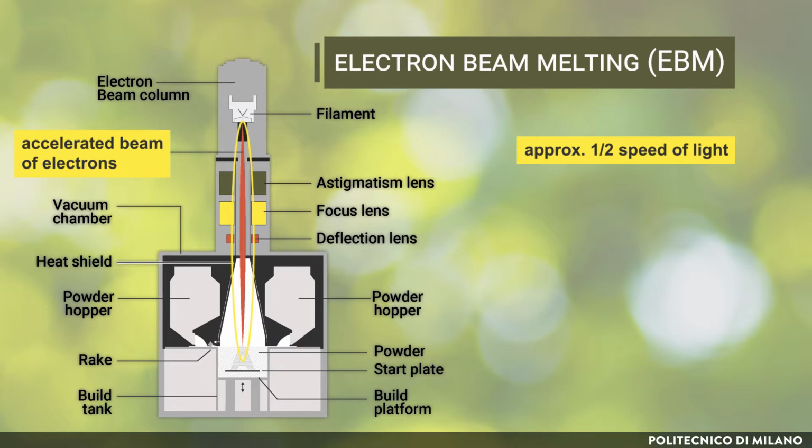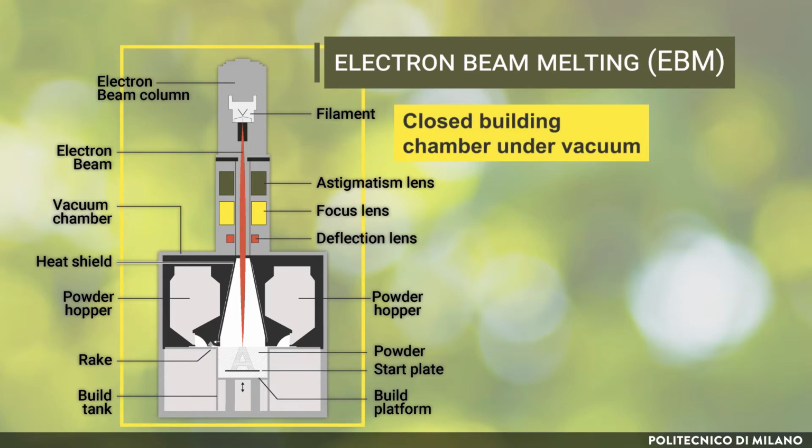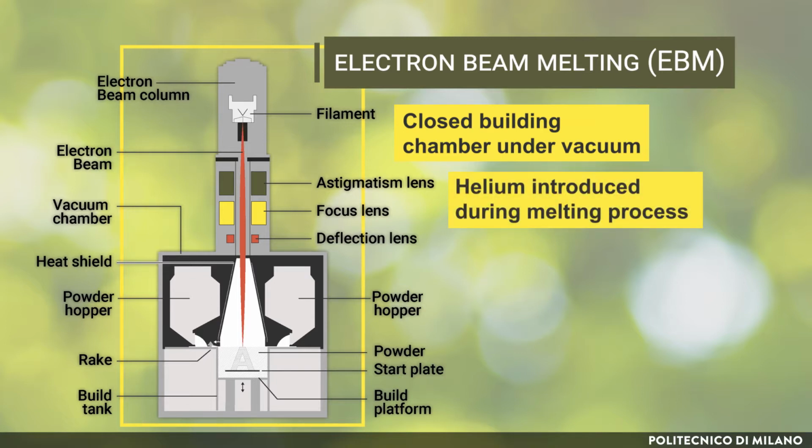An electromagnetic coil system is used for obtaining the right shape and size of the beam and the proper position on the powder bed, providing extremely fast and accurate beam control. The entire process takes place inside a closed chamber under vacuum, ensuring that oxidation will not compromise highly reactive materials. During the melting process, helium is introduced to better control the process.